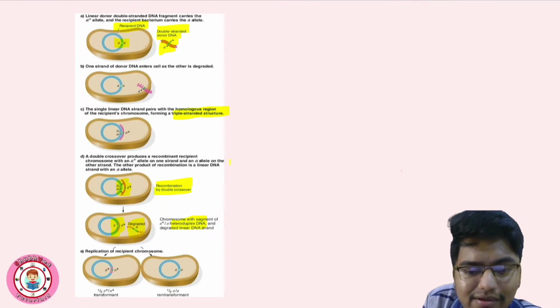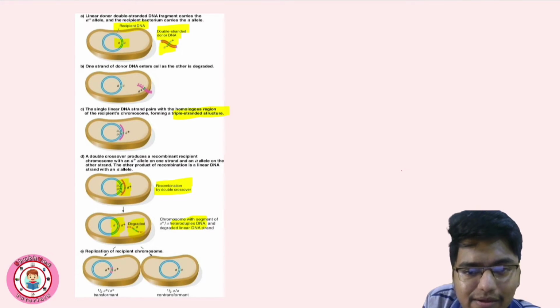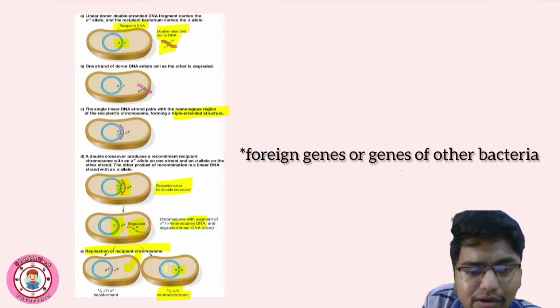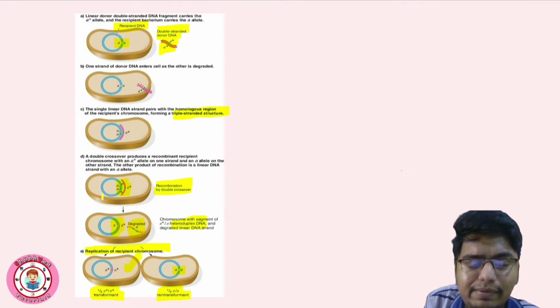After replication of the recipient chromosome, one cell will be with A plus, and another will be with only A. This is known as a non-transformant, because transformation has not occurred there, and this is the A plus transformant. So this is how transformation takes place.